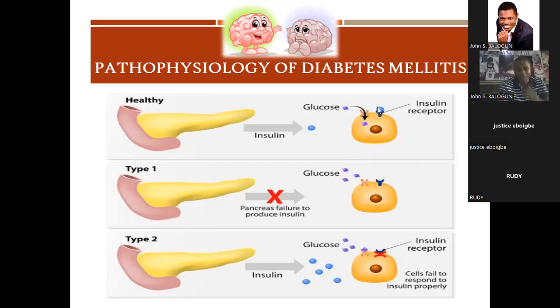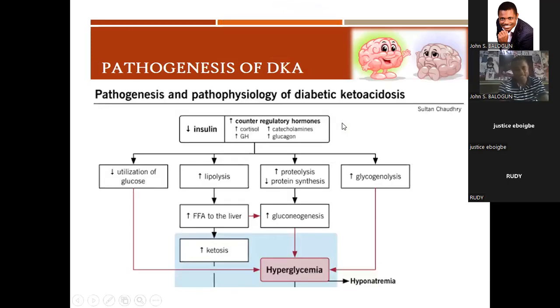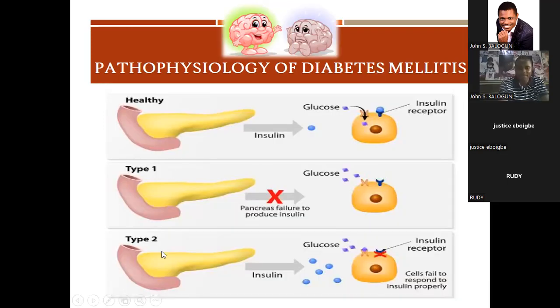So now, in type 2 diabetes, what happened? The problem also is not with insulin. The pancreas is producing insulin. But there is a problem with the cells at the cellular level. The cell has a receptor to accept the key, the insulin, so that insulin can open the lock.